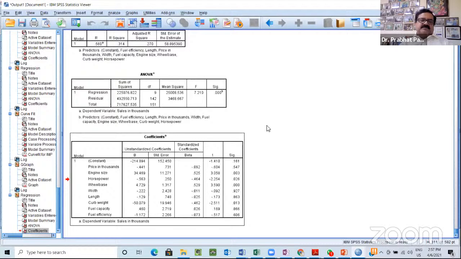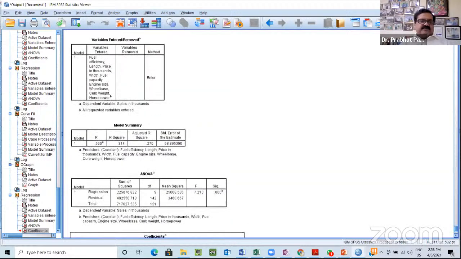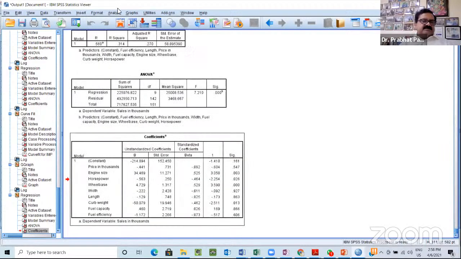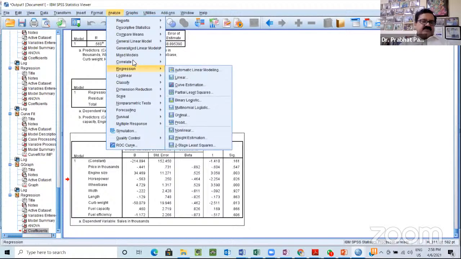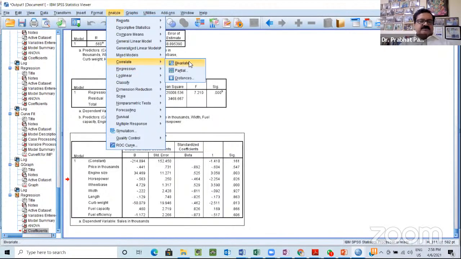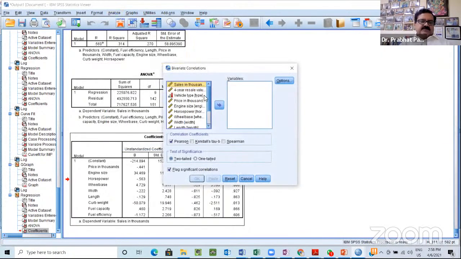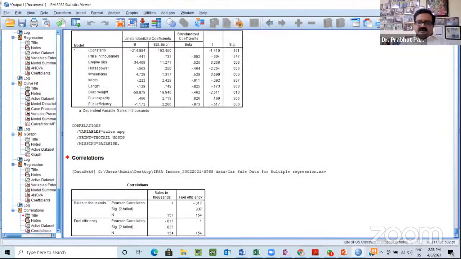So we need to examine the data. We have seen the graph, and if we try to find the correlation, you can also learn how to do correlation. By bivariate correlation, we are taking the sales data and the efficiency data and trying to find the Pearson correlation.